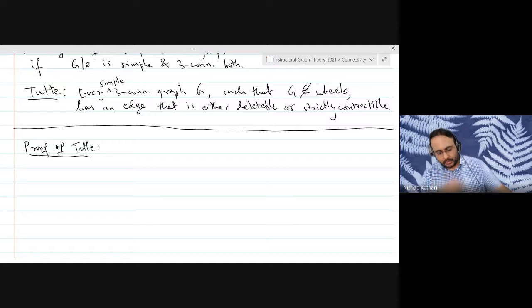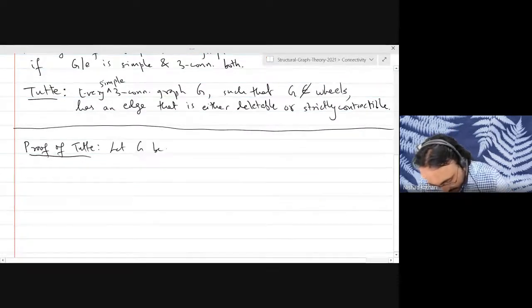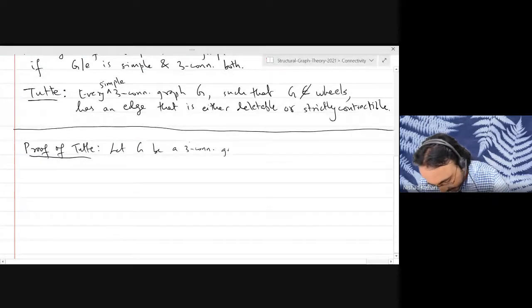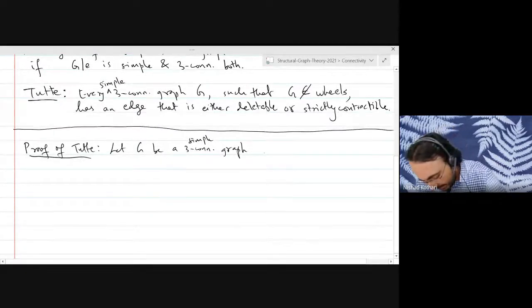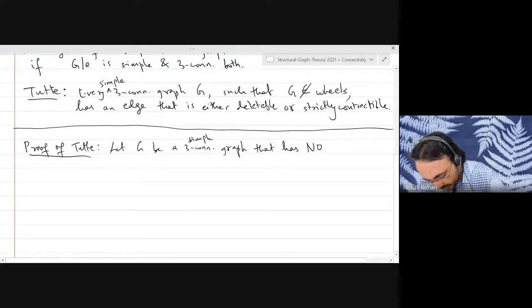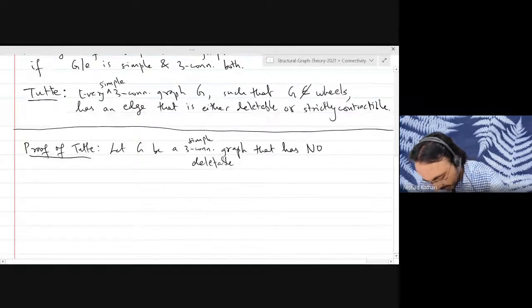How do you show? So let us suppose, let G be a three connected graph, simple three connected graph. Sorry, I keep forgetting this important detail. It's a simple three connected graph that has no deletable edges and it has no strictly contractible edges.